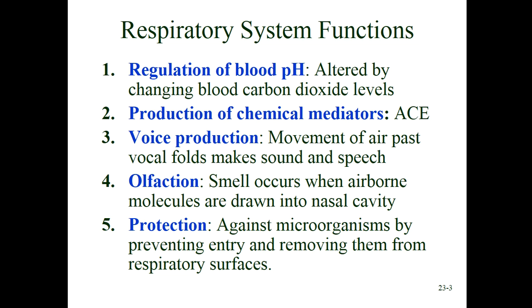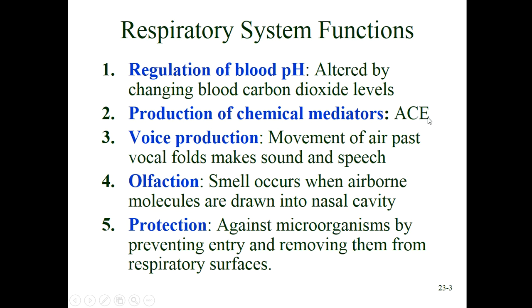So if I stopped breathing, not only would I become hypoxic, right, low oxygen levels in my blood, but I would also become acidotic. I would become acidic because of the rising levels of CO2.